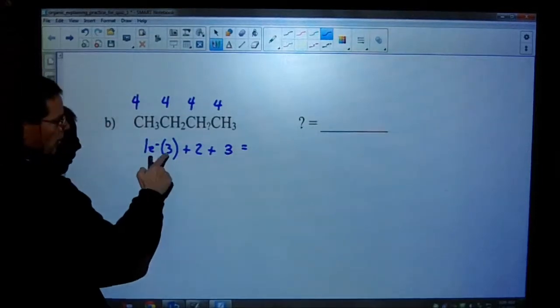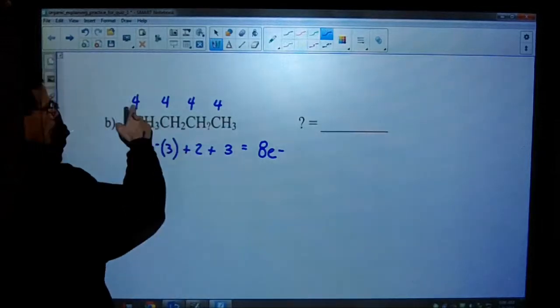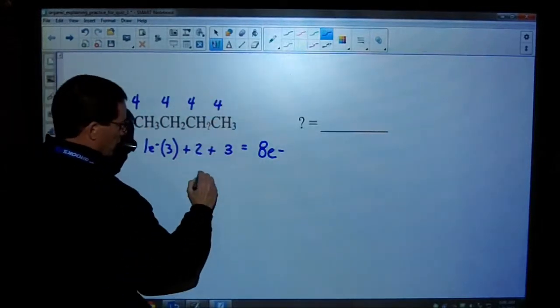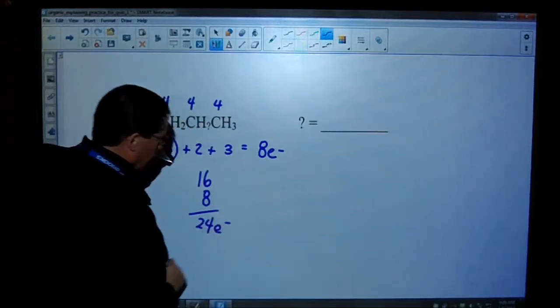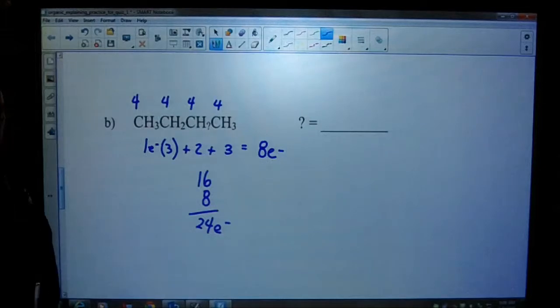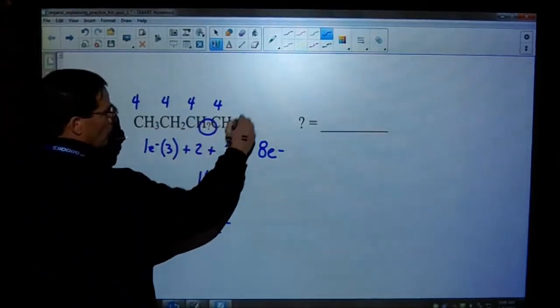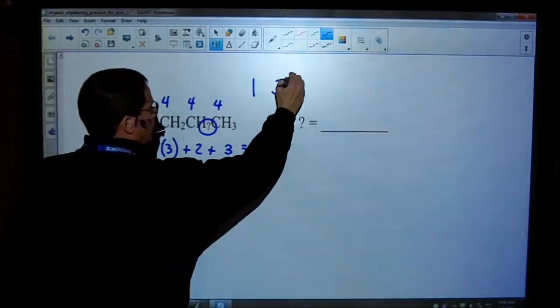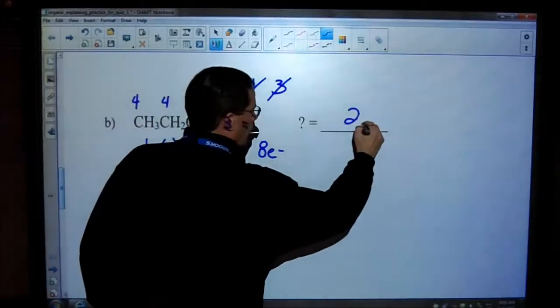So that gives a total of 8 electrons from these. And up here we have 4 times 4, which is 16, so 16 plus 8 has given us an even number of electrons. So keeping in mind that when you're drawing Lewis structures, you want an even number of electrons, bad numbers for this one are 1 and 3. So your best option is a 2.